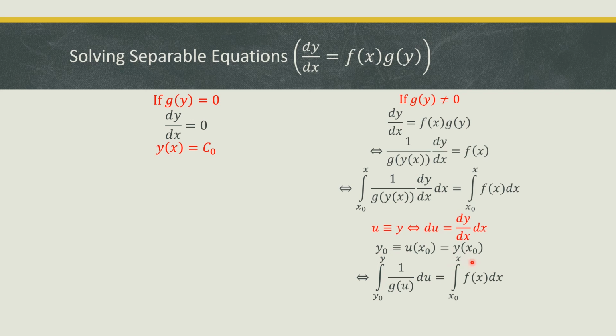That's really the same as doing the indefinite integral. And so we can express this in terms of indefinite integrals. It will be like this. Therefore, the solutions to this variable separable equation are this and this. So we just have to get the indefinite integrals here and solve for y.